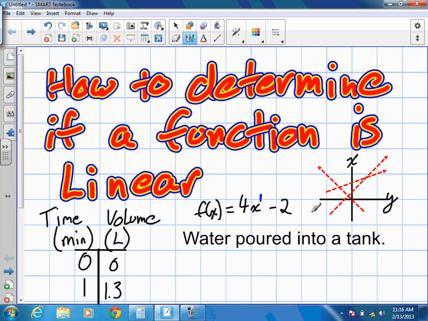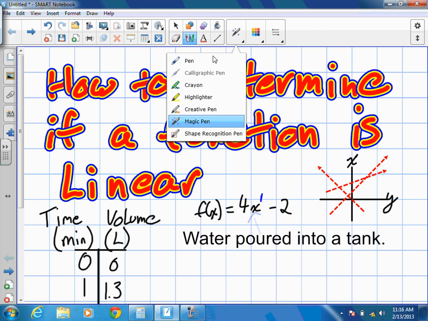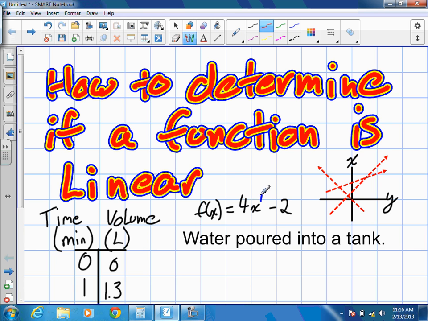If there's another variable involved, 3x squared, the variable to the highest power, that would not be linear, because this x here is to a higher power. So you look to the variable with the highest exponent. The highest exponent in this equation is to the power of 1, and if it's to the power of 1, it is linear. That's right. So this is what makes it linear.